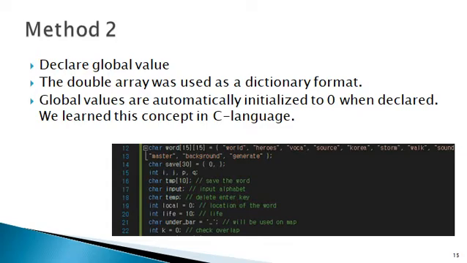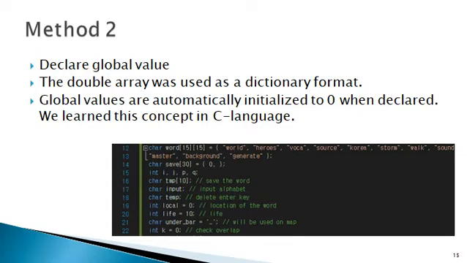Now let's see picture 2. I declared global values, and the double array was used as a dictionary format. Global values are automatically initialized to 0 when declared.